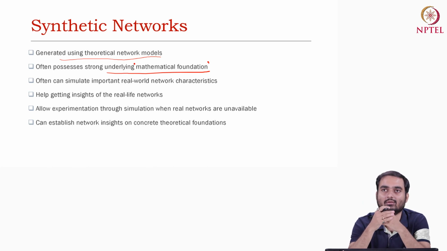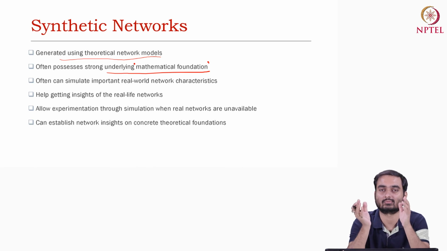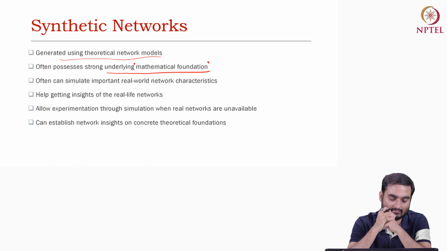Now, what do I mean by mimicking a real world network? It means that in the synthetic network, properties like the clustering coefficient, degree distribution, path length, diameter, all these network properties that are generally observed in a real world network should also be preserved in a synthetic network. Okay. That is very important.